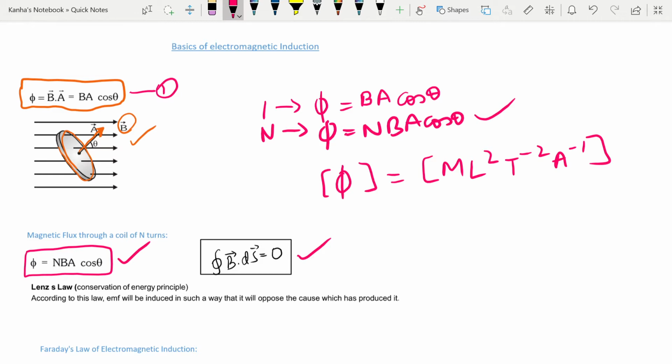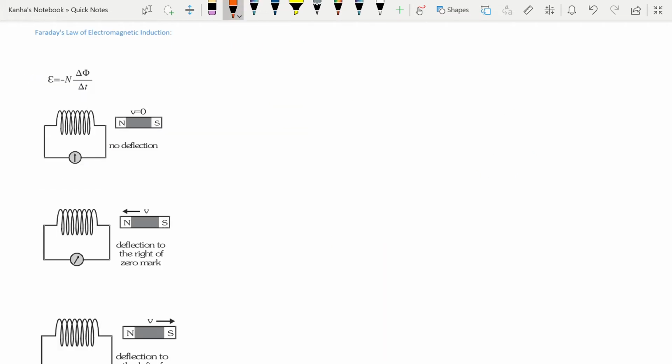This is because magnetic monopoles do not exist in nature. So for the electrical case, you had that your E dot dS was equal to Q by epsilon naught. However, for the magnetic case, you don't have anything of this sort.